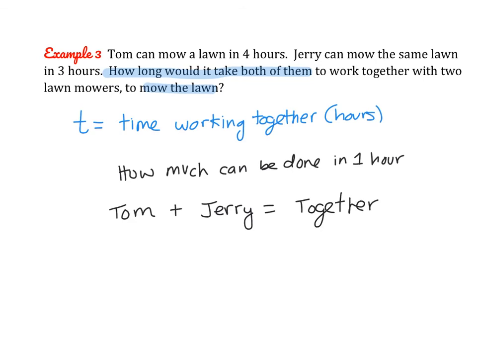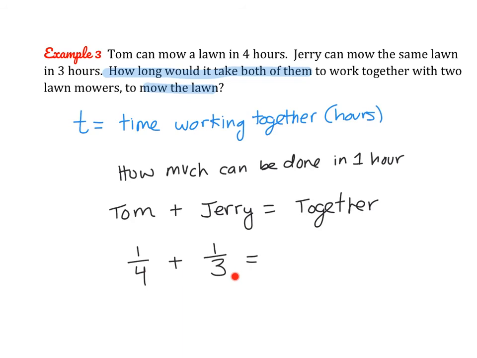So if it takes Tom 4 hours to mow the lawn by himself, he can finish 1/4 of the job in 1 hour. And if it takes Jerry 3 hours to mow that same lawn, he can finish 1/3 of the job in 1 hour.